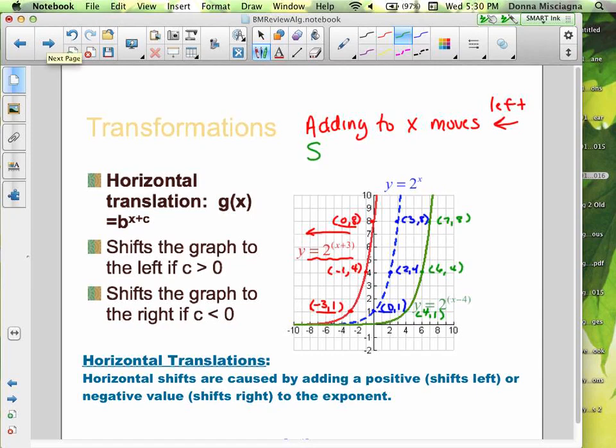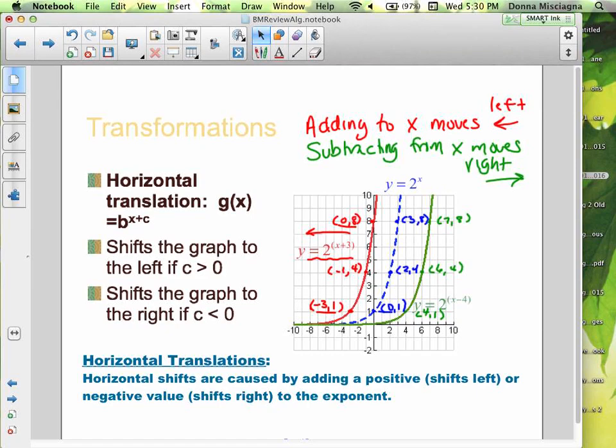So if we are subtracting, we're going to move to the right, because it's going to take a larger number if we're going to subtract something. All right, so now if I want to raise 2 to the x minus 4 power and plug in something for x there and get to 1, I've got to plug in a 4.